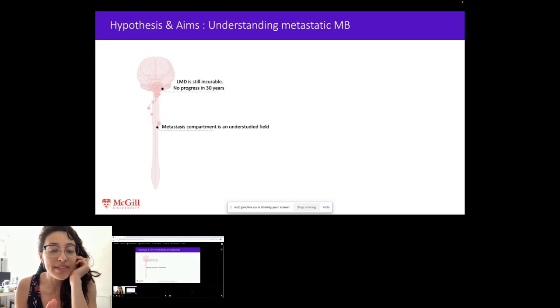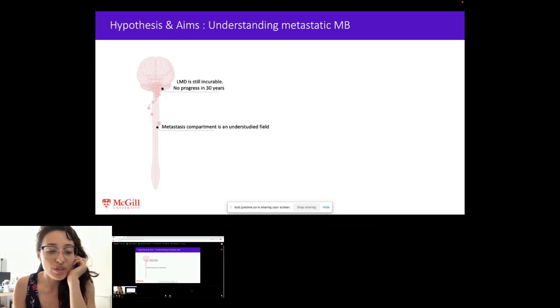The reason is that for patients diagnosed with LMD, the abbreviation of leptomeningeal disease, there is no reason to operate, and it's very difficult to get samples post-mortem.